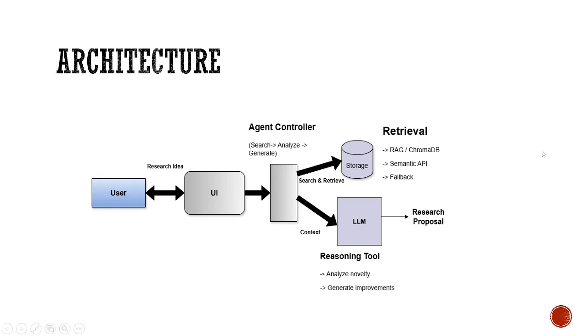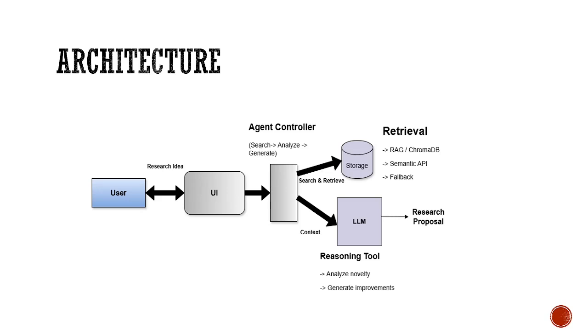In this slide we have the architecture of the application. The process begins when the user submits this research idea through the user interface to the application. The user interface is built using Gradio in this case. Once the research idea is fed into the application, the agent controller creates a structured to-do list.